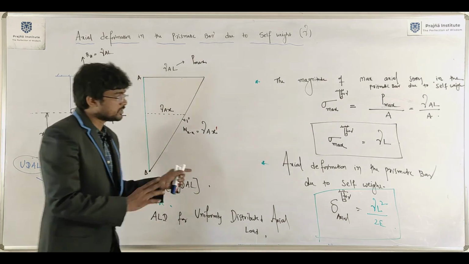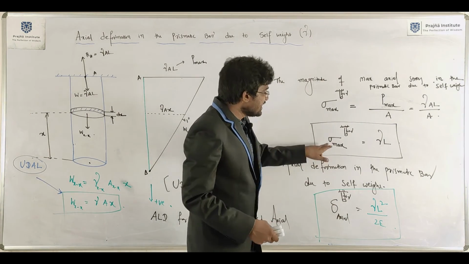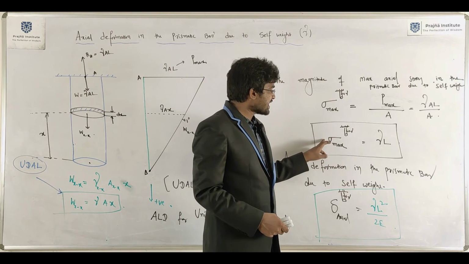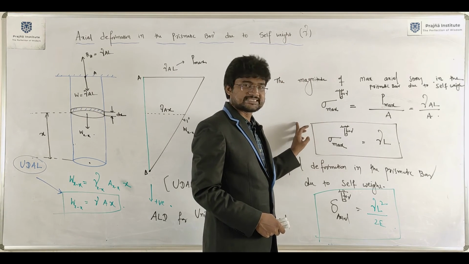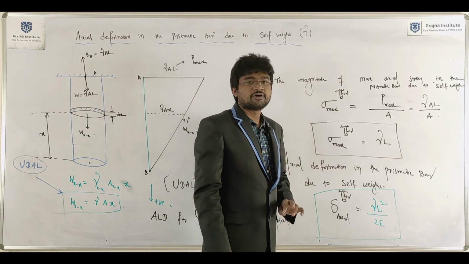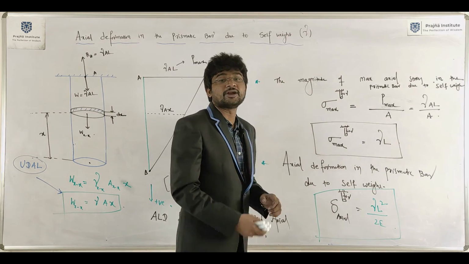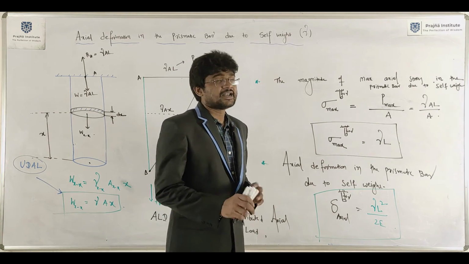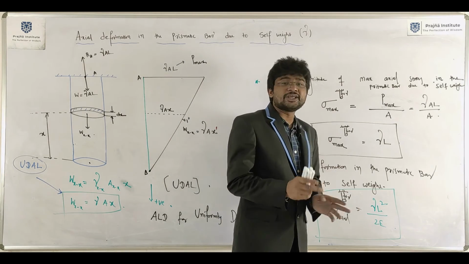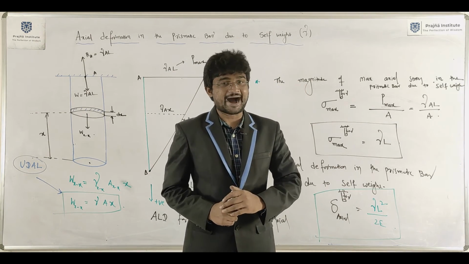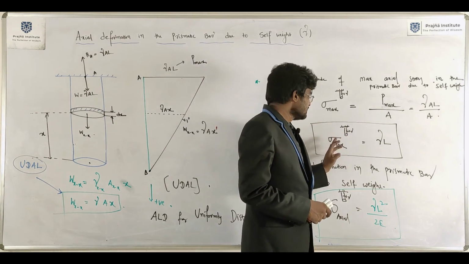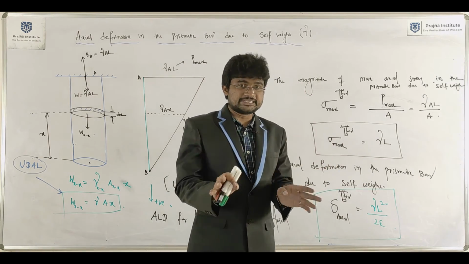After observing these two equations, in this case the maximum axial stress is independent of cross section. Normally stress depends on the diameter of the bar, but here it is independent of diameter.